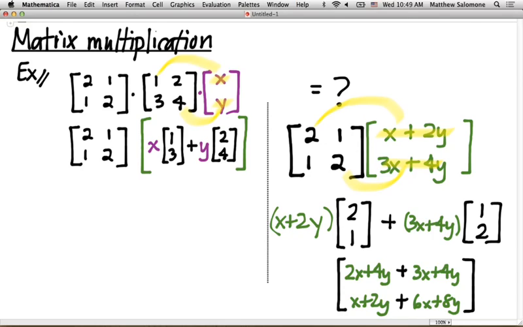And now I'll just combine the like terms to ultimately get, what am I going to have here? 2x and 3x are going to give me a 5x. 4y and 4y, 8y. Down in the bottom, x plus 6x and 2y plus 8y.